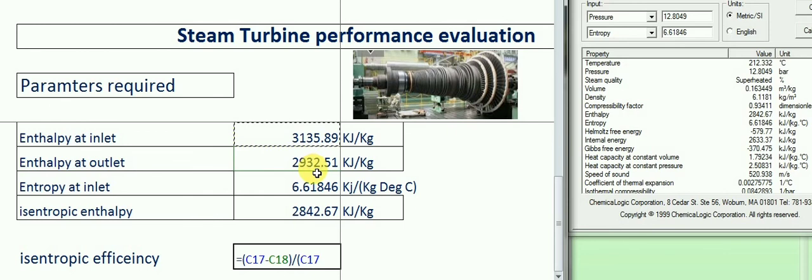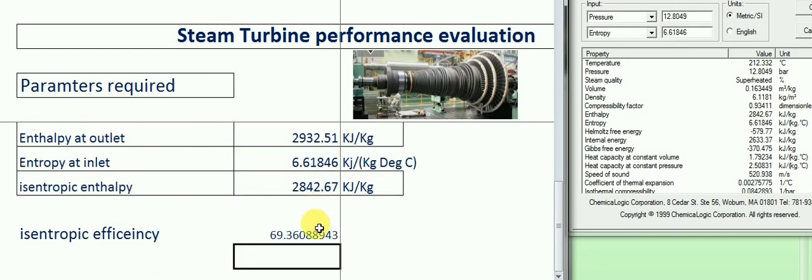It is our turbine efficiency, the isentropic efficiency of the turbine. So it is near 70%. It is okay, not bad, and the condition is good. By that we can do the isentropic efficiency calculation for the turbine.